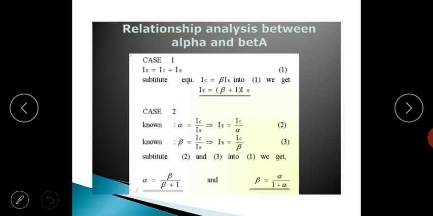So collector current IC can be written as beta times IB, where beta is the common emitter current gain, because as I said, the common emitter configuration is more widely used configuration.